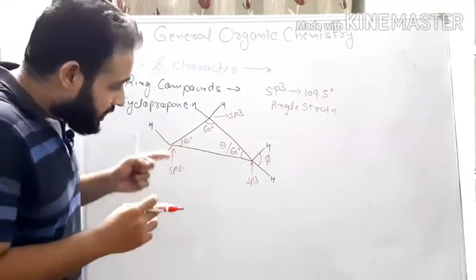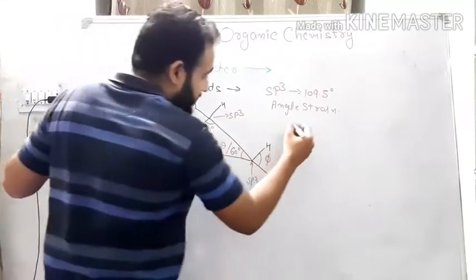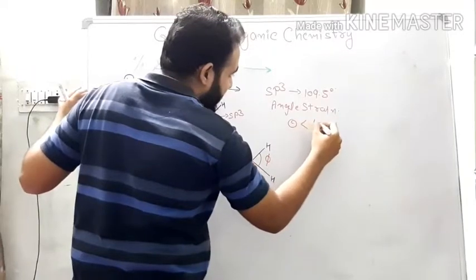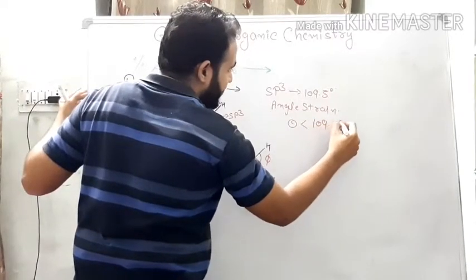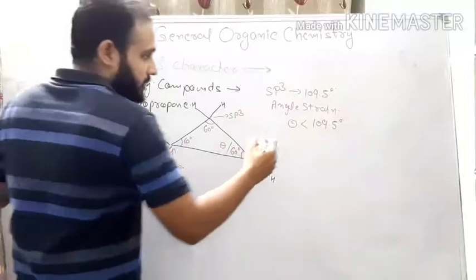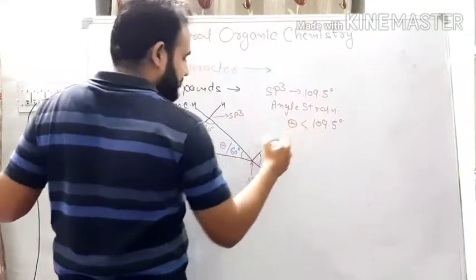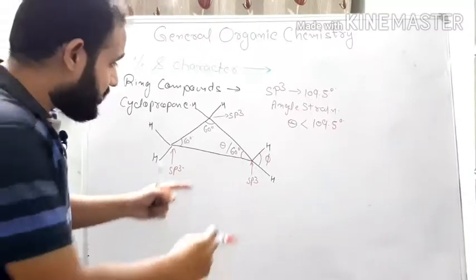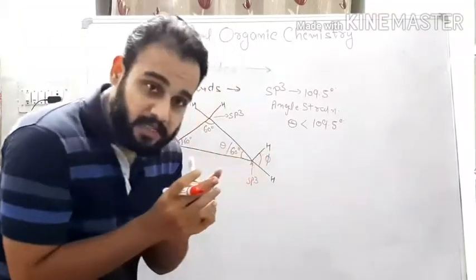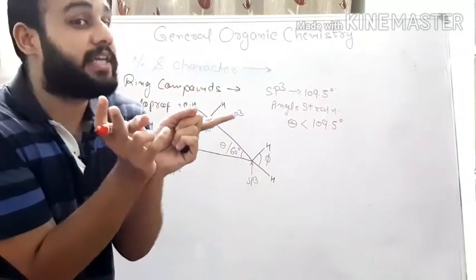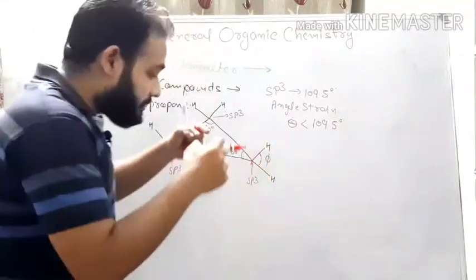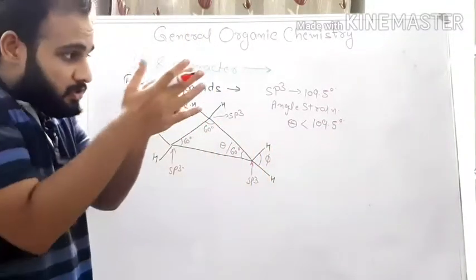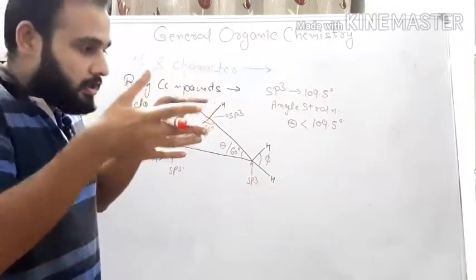So here theta, the internal angle, will be less than 109.5 degrees. If theta decreases, the outer angle will increase. It means phi will expand because the internal angle decreases.